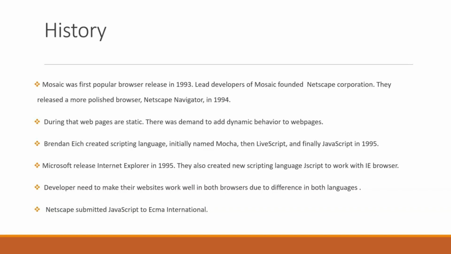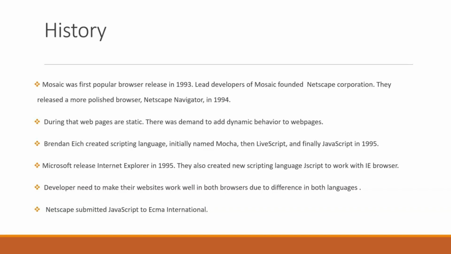During that time, web pages were static, meaning they could only render static data. So if you click on anything, no action will be performed. And there was a huge demand to add dynamic behavior to web pages.